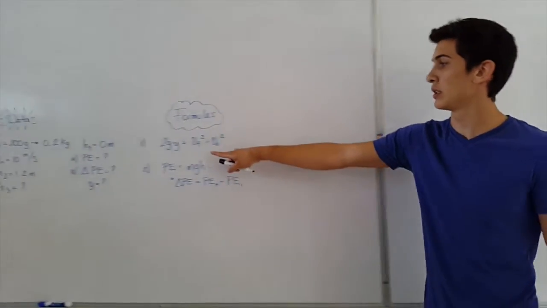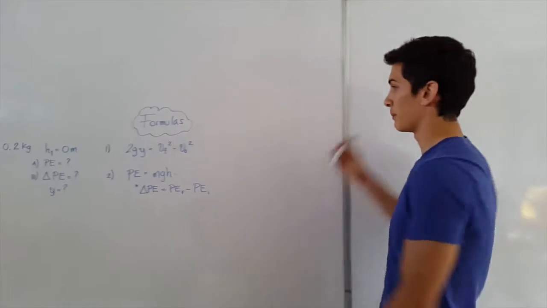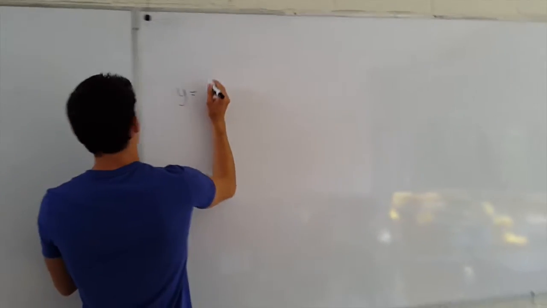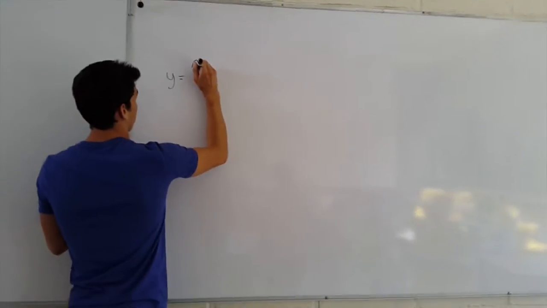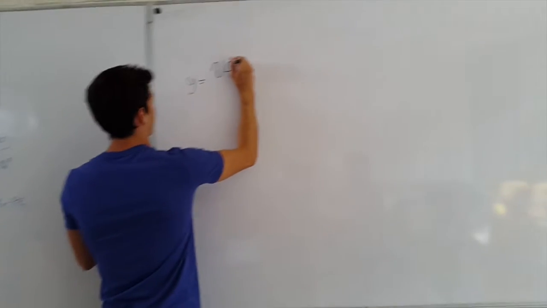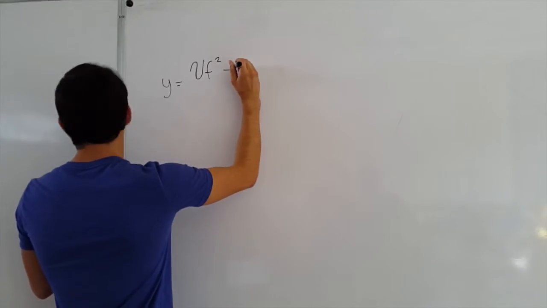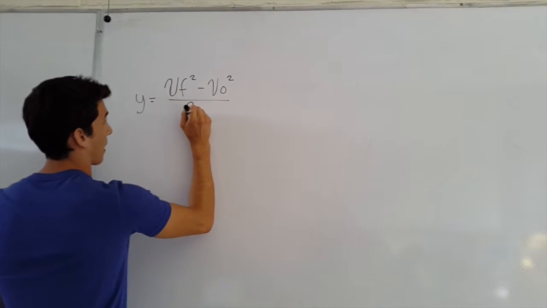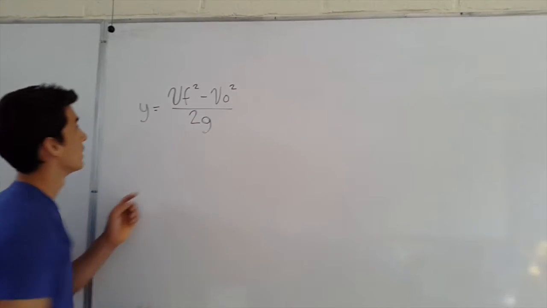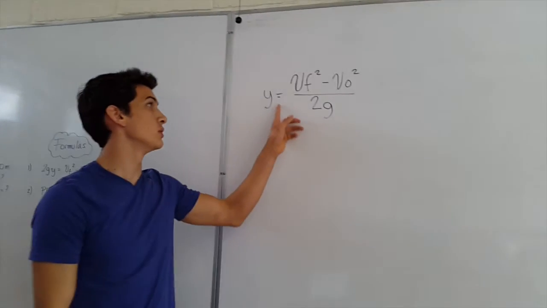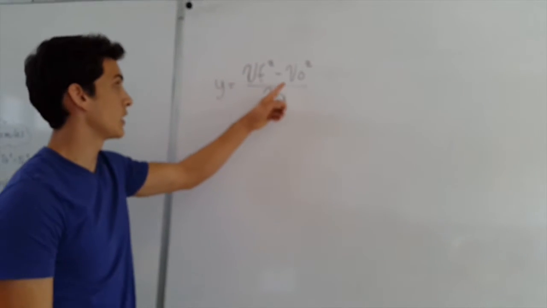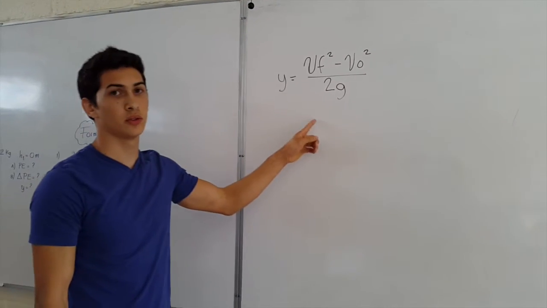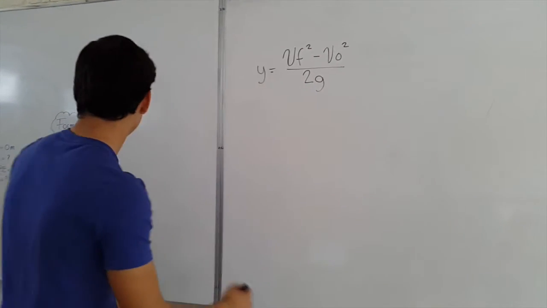First, we will clear y. So y is equal to final velocity squared minus initial velocity squared divided by 2 times gravity.